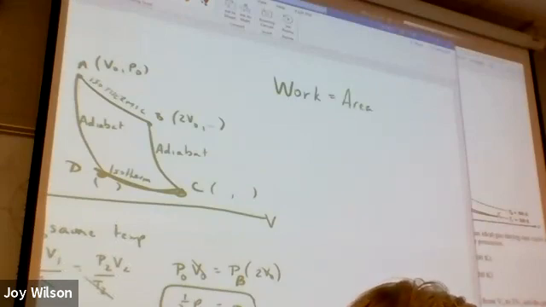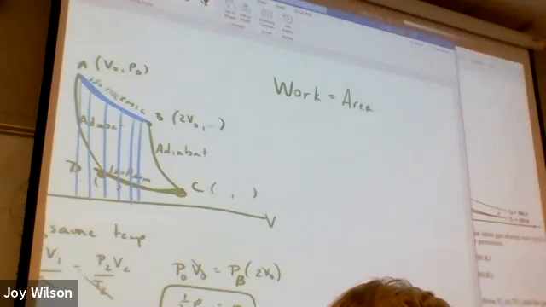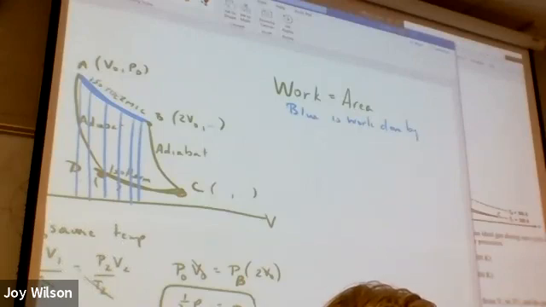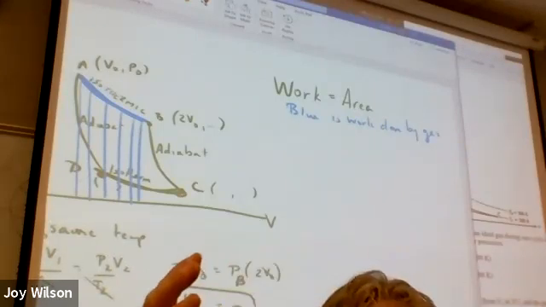So from A to B, we do this amount of work. Okay. So blue is work done by gas.